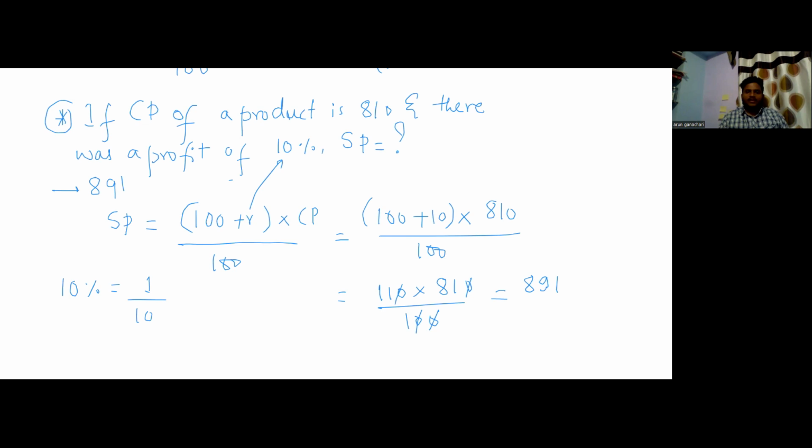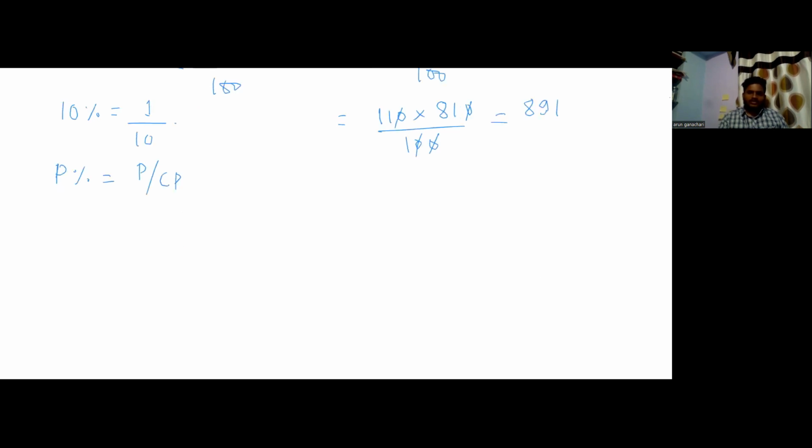Now, what was the formula of percentage? Profit percentage is equal to profit upon cost price into 100%. Yes or no? This was the formula.